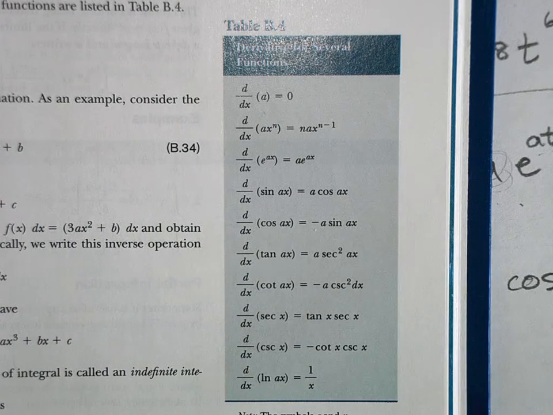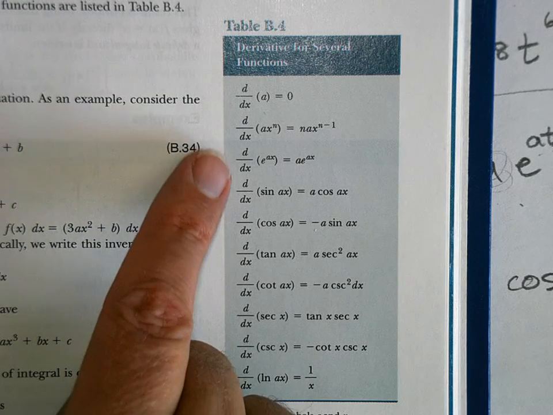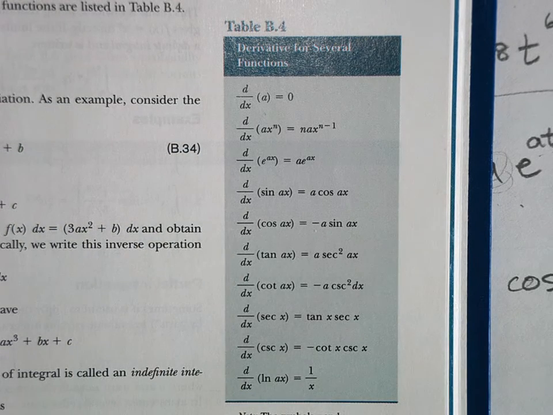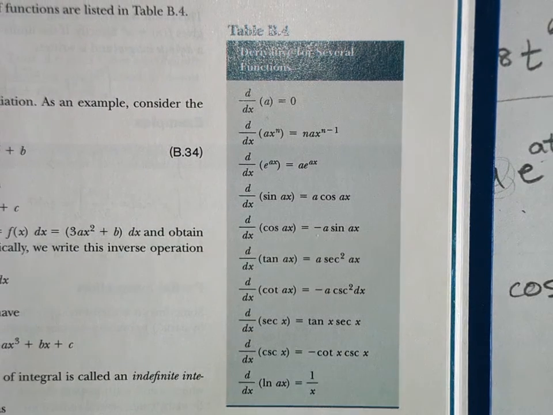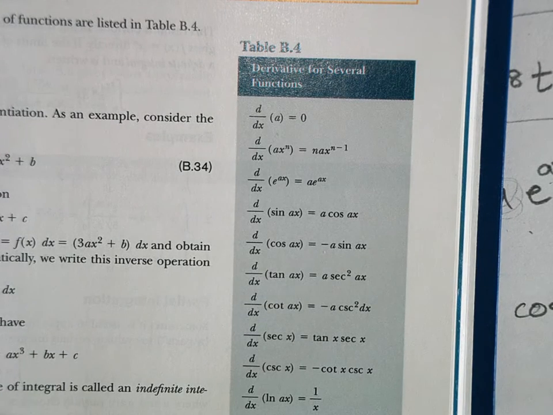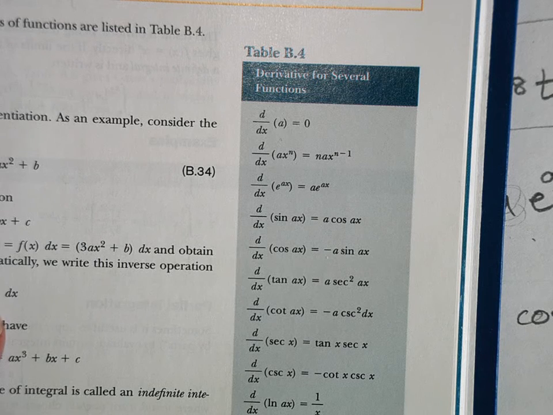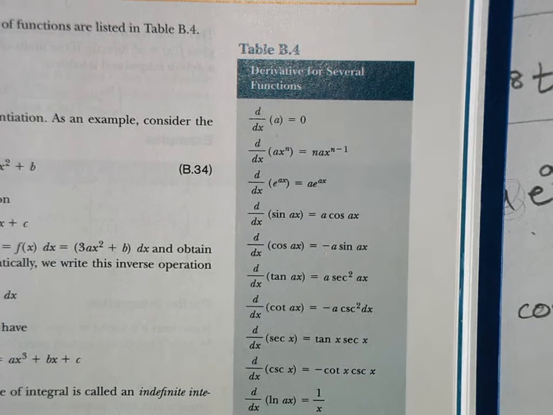Anywhere you see an x, just put a t for time, because everything we're going to do right now is time-based, and you can solve it. So it's just plugging and chugging. No thought required except to follow the rules.